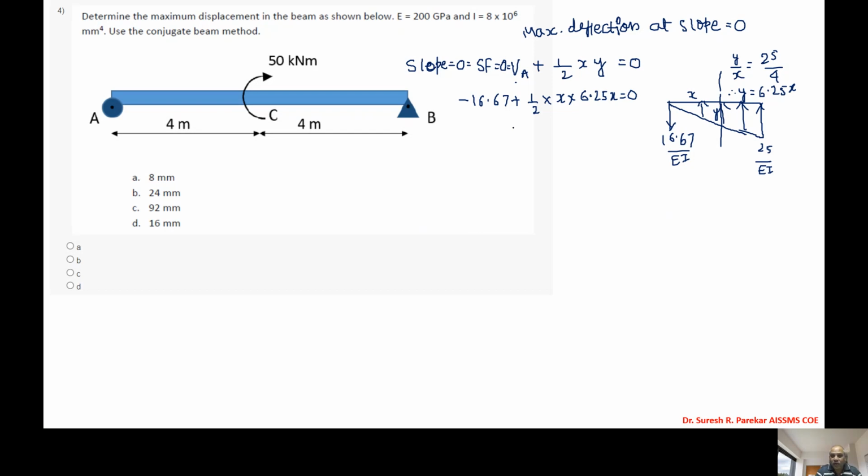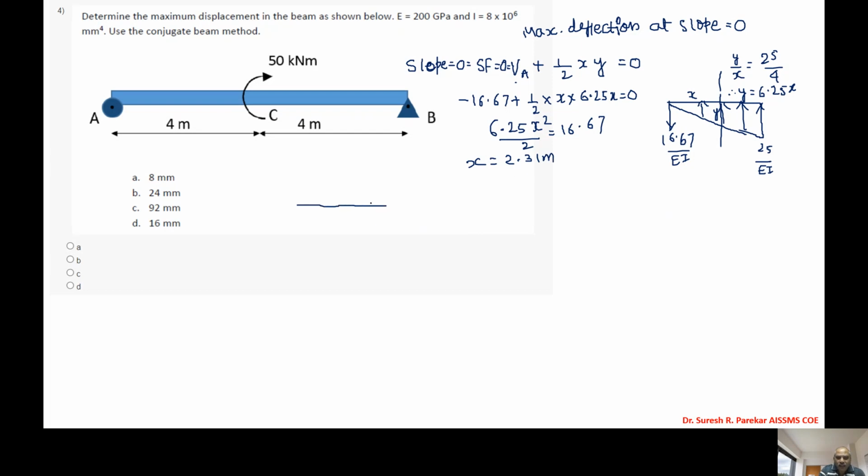So we can go to 6.25 x square upon 2, and that is equal to 16.67. From this we will get the value of x that is equal to 2.31 meter. And at this we have maximum displacement.